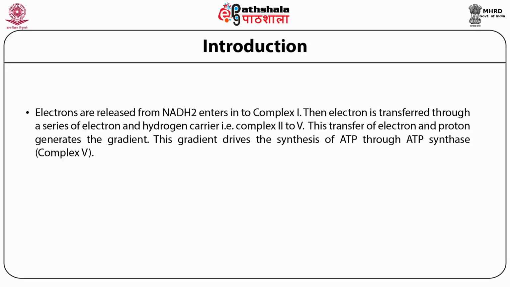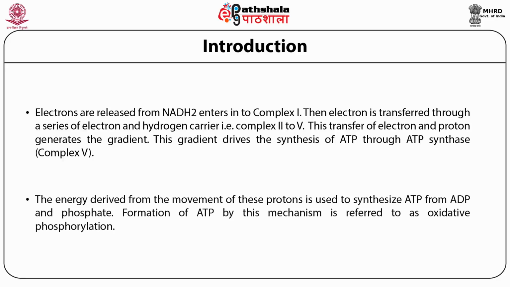This gradient drives the synthesis of ATP through complex 5, ATP synthase. The energy derived from the movement of these protons is used to synthesize ATP from ADP and inorganic phosphate. Formation of ATP in such a mechanism is known as oxidative phosphorylation.